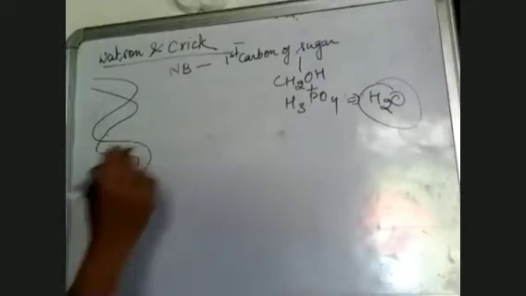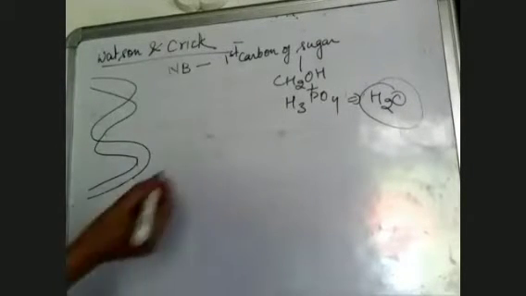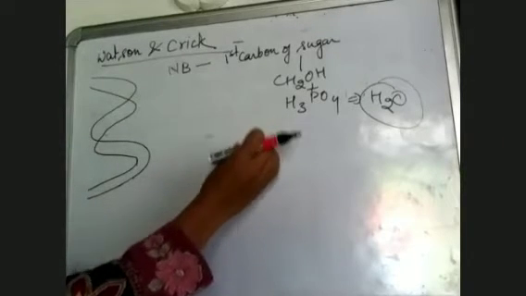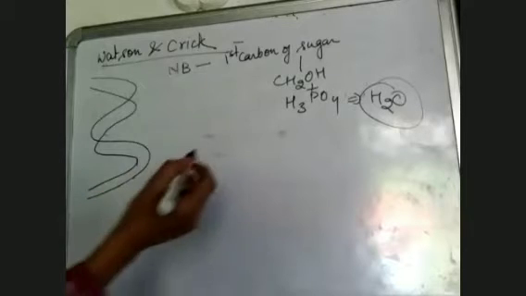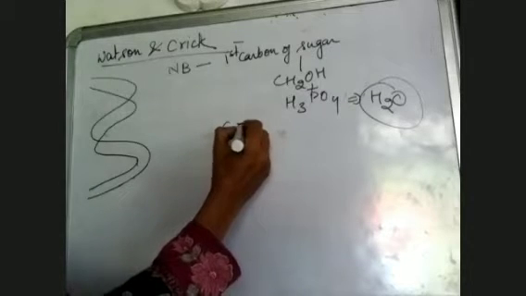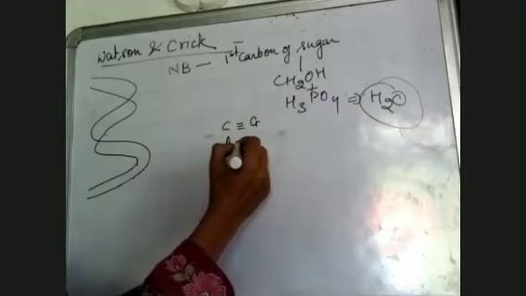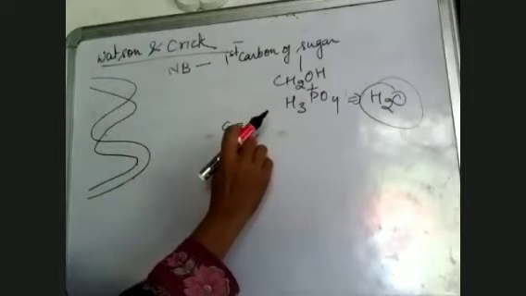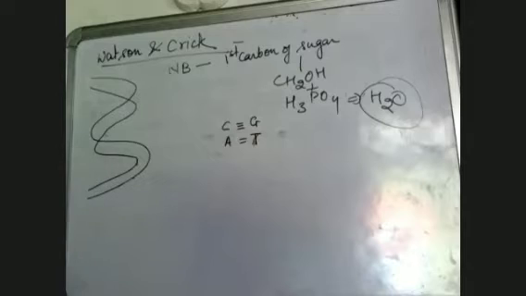What Watson and Crick said is that it is always the bases which form the internal core of the DNA structure. That means if we have C here, it will be attached by a triple bond to G, and A is attached by a double bond to T, and this way the bases are present in the center, on the inner side.